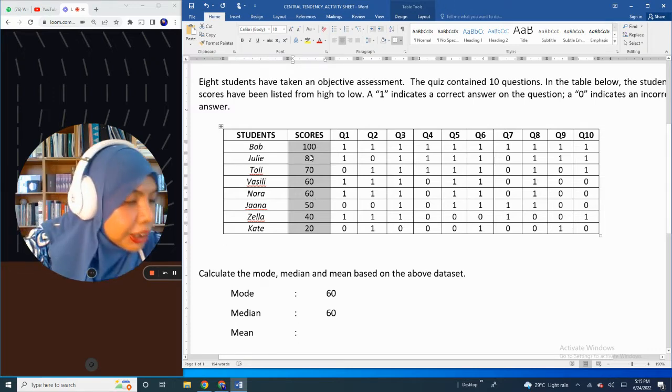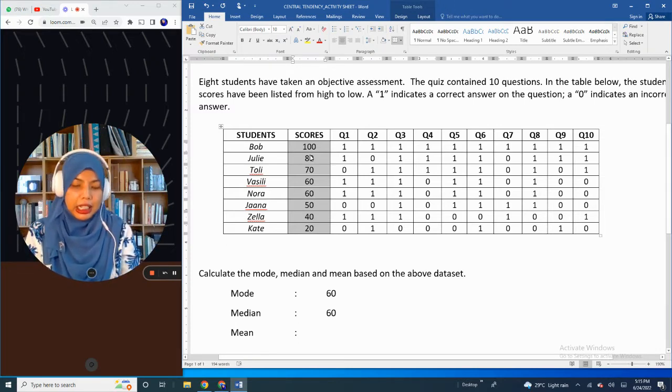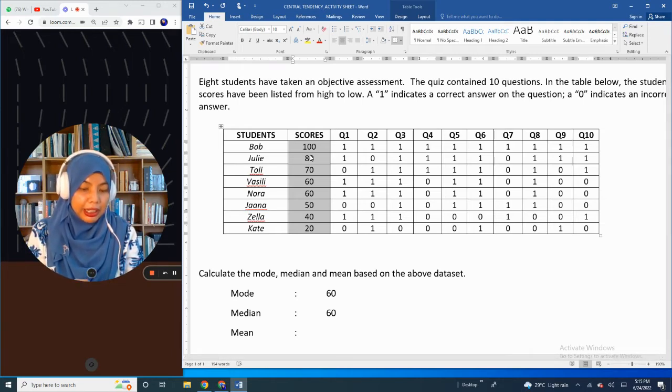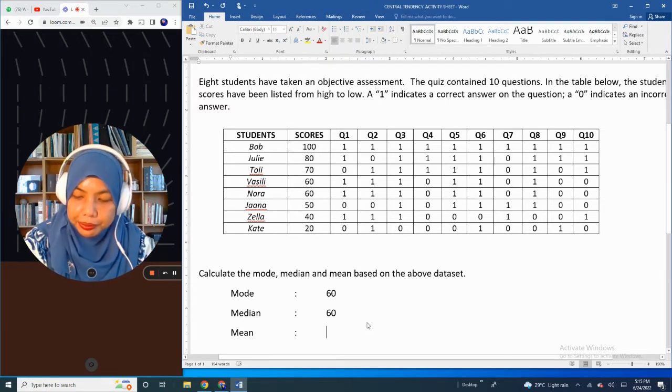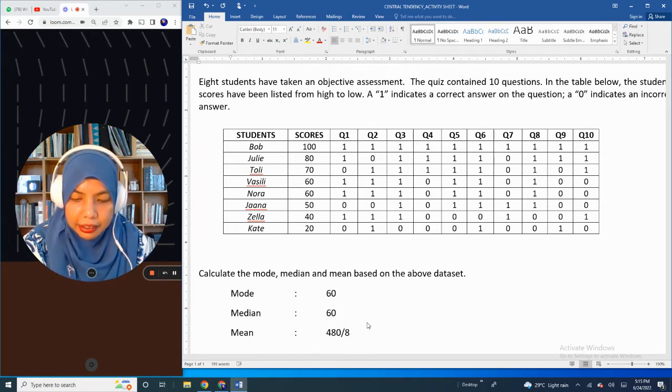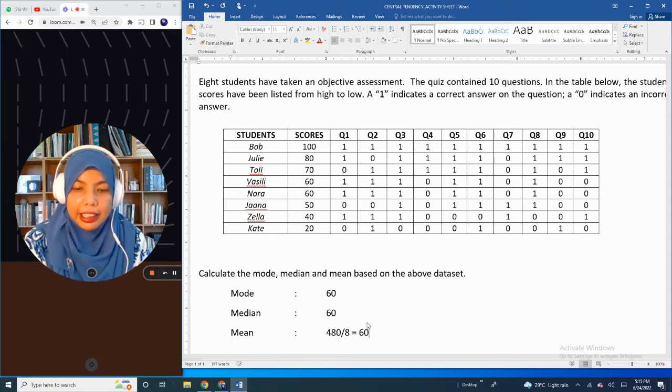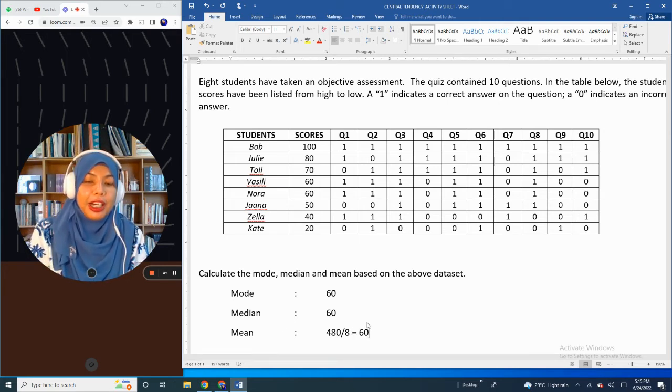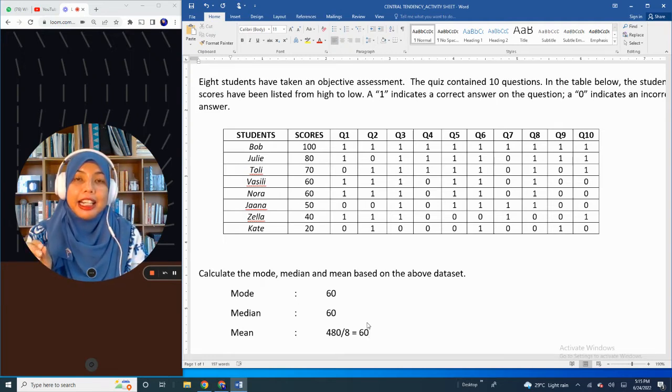So if we total this up: 100 plus 80 plus 70 plus 60 plus 60 plus 50 plus 40 plus 20, we have 480, divided by 8 because we have 8 students, and you get 60. Okay, so we have exactly the same value for our mode, median, and mean.